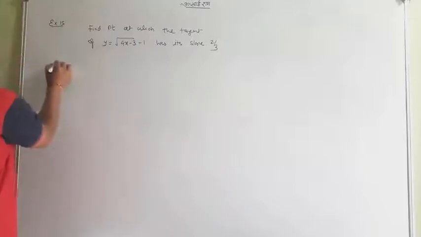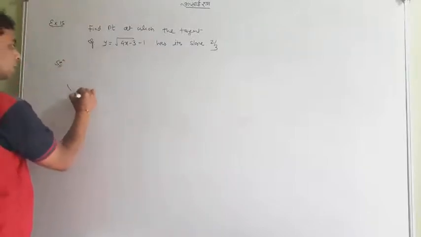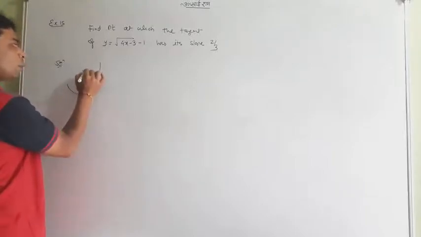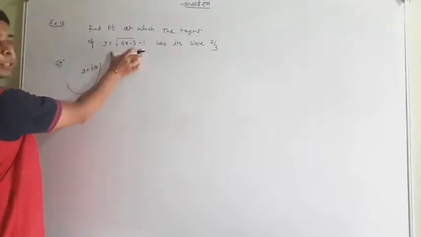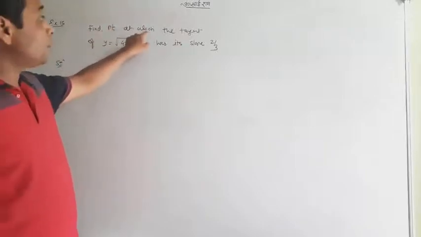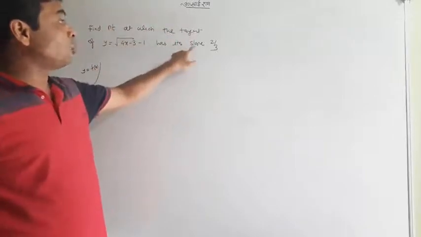Look at this rough structure, this is the function. And we have to find the point at which the tangent has a slope 2 by 3.